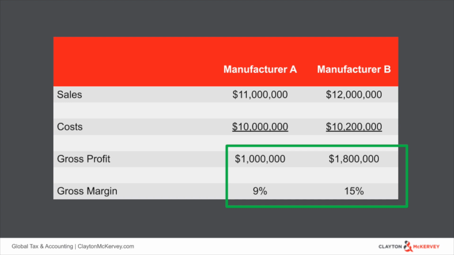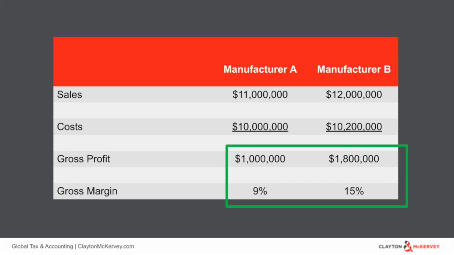Manufacturer A has 11 million in revenue, 10 million in costs, 1 million in profit, equals 9% gross margin. Manufacturer B has 12 million in revenue, 10.2 in costs, and therefore 1.8 million in profit, which would give them a 15% gross margin.